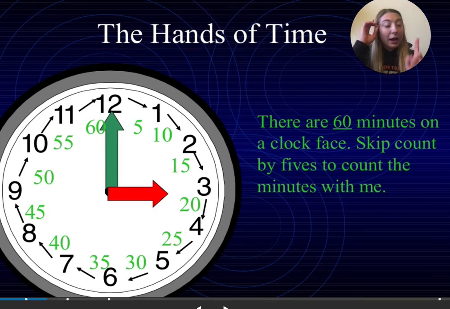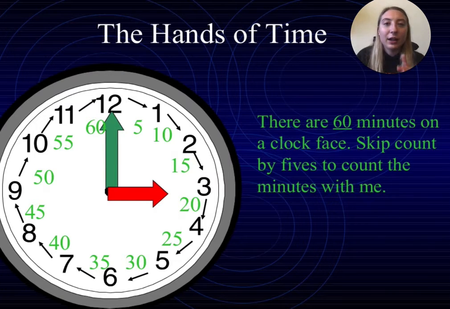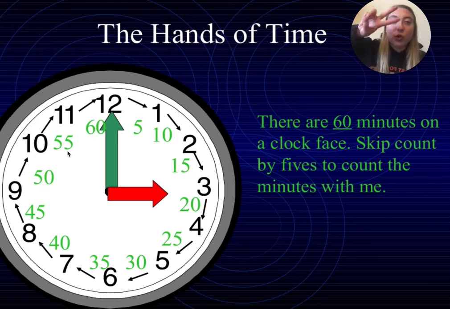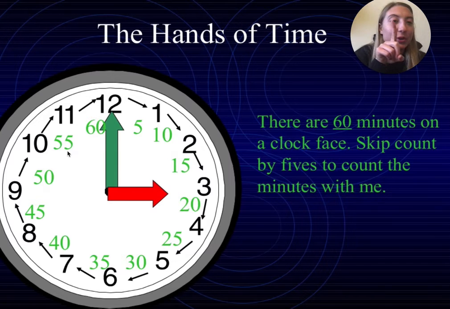And how many hours do we have in a day? Remember, on the clock we have 12 hours, but our hour hand will go around the clock twice in 1 day, which means there's 24 hours in a day, but we go to 12 and we do it twice, AM and PM.